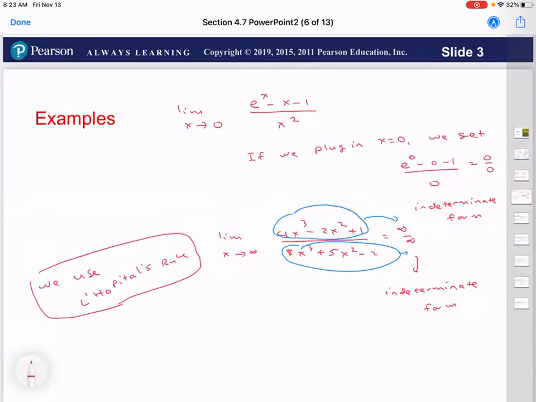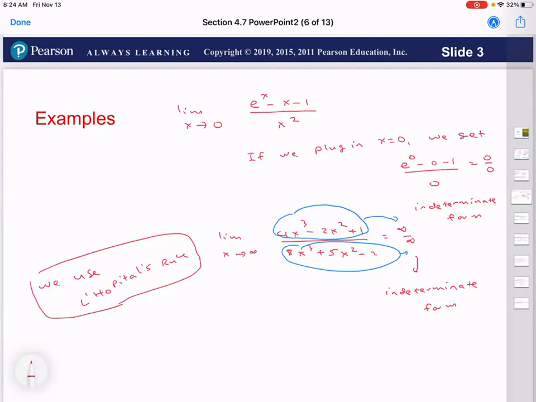Do you want to ask any questions? So if it's either 0 over 0 or infinity over infinity or negative infinity, then it's an indeterminate form, and we can use L'Hopital's rule in such a situation, right?